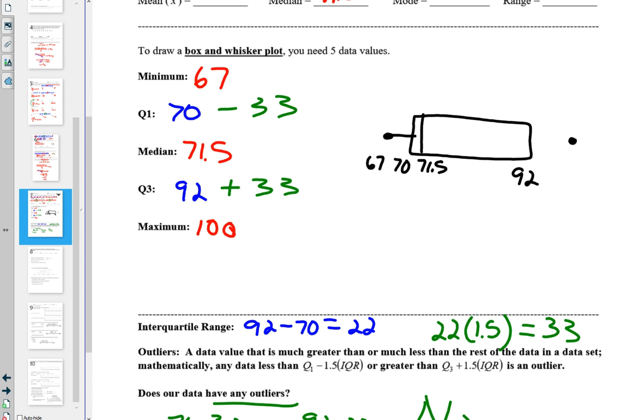No, it wasn't. Draw a whisker there. 100. There's your box and whisker. I guess you're supposed to also have points here. Sometimes you'll see this line continue through the middle. That's fine too.